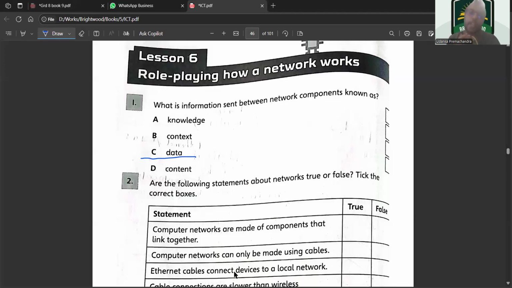A collection of data is actually information. So what is the information sent between network components? It should be data, so this should be the answer. Third box, C, should be the answer. The information sent between network components is known as data. Yes, continue.